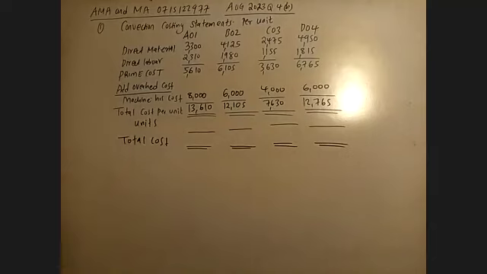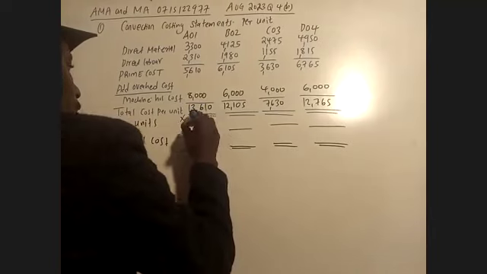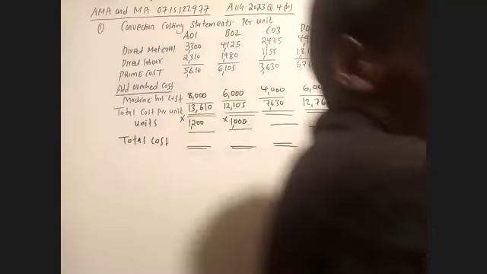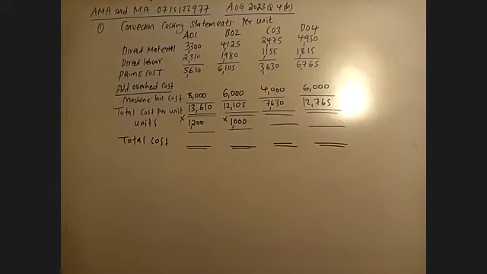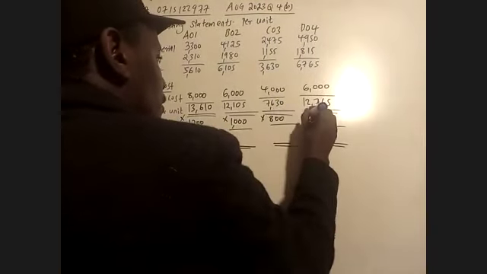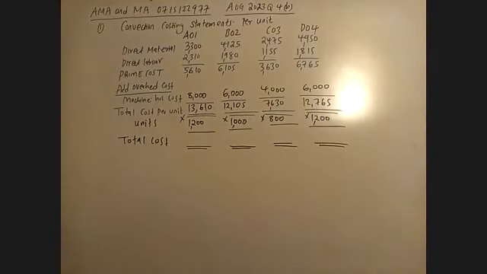So we had 1,200, 1,000, 800, and then 1200 times 800 times 1200. I think that one is the correct format.